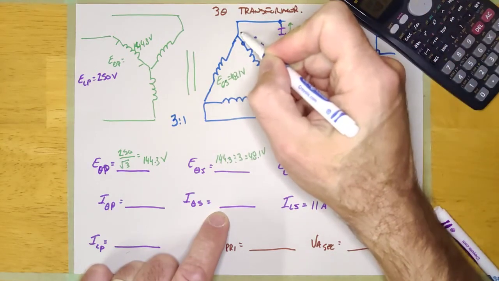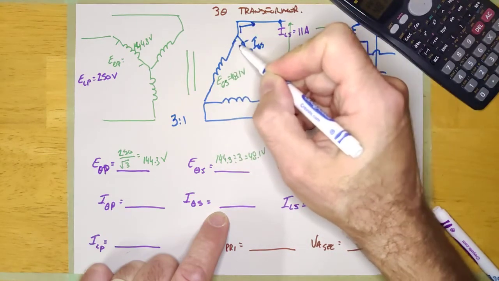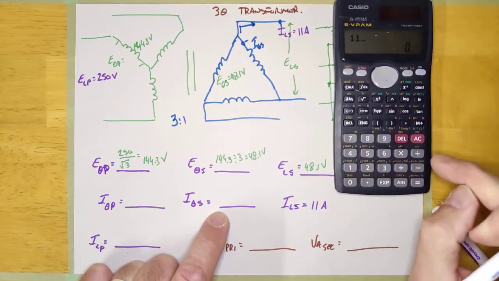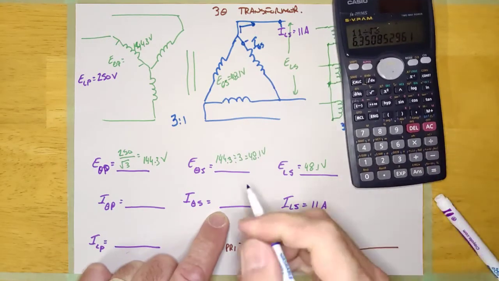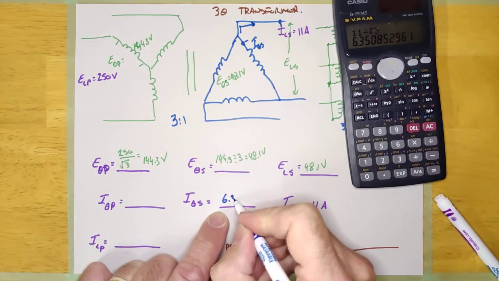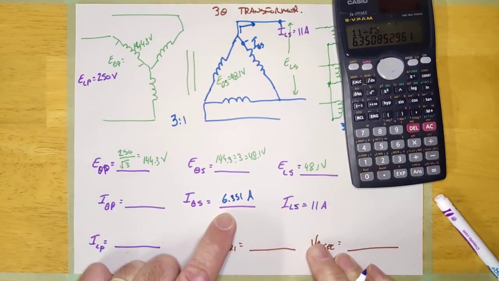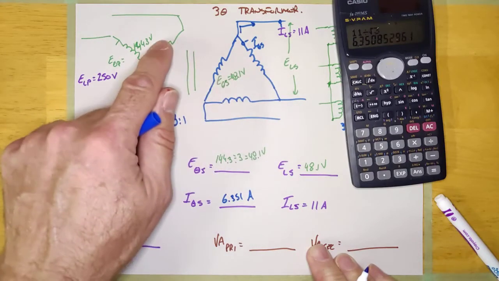If I have 11 flowing this way, that means some of it's coming from here and some of it's here. So it's going to be less than 11. Okay, guys? So it's 11 divided by root 3. 6.351 amps.